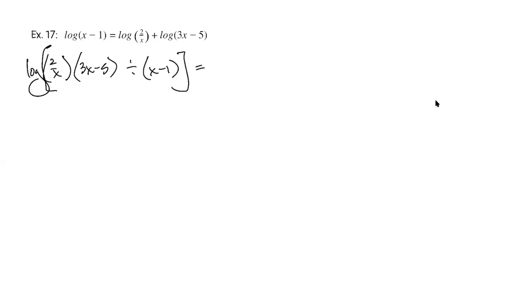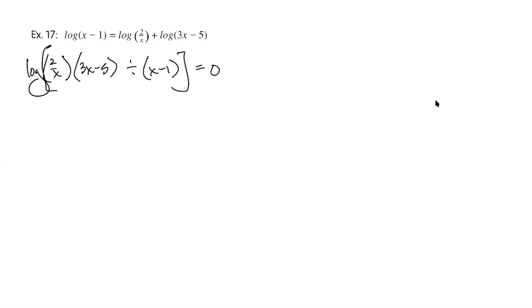So if I move everything to one side, let's say I get log of 2 over x, then that would be times 3x minus 5, and then I'm going to be dividing that by x minus 1, and all of that's going to equal 0.